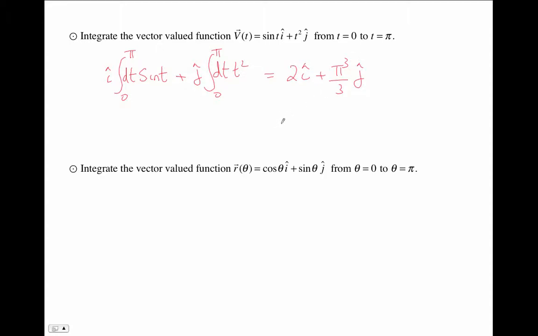Now let's go to another example. Here's the vector valued function of theta, and this vector is just the position vector from the origin.